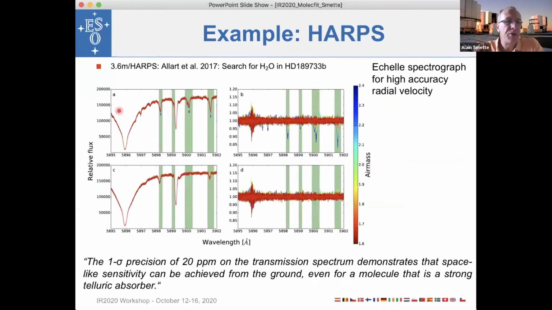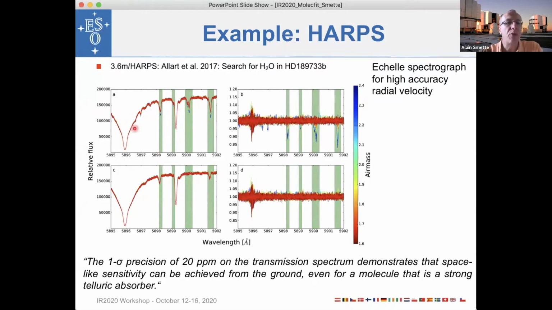So, Molecfit is actually used quite a lot by people using HARPS, ESPRESSO, CARMENES, people looking for exoplanets. Indeed, Romain Allart in 2017 showed in these spectra, so we have two spectra of stars, actually a much larger number of spectra, because we can see the differences because of air mass.